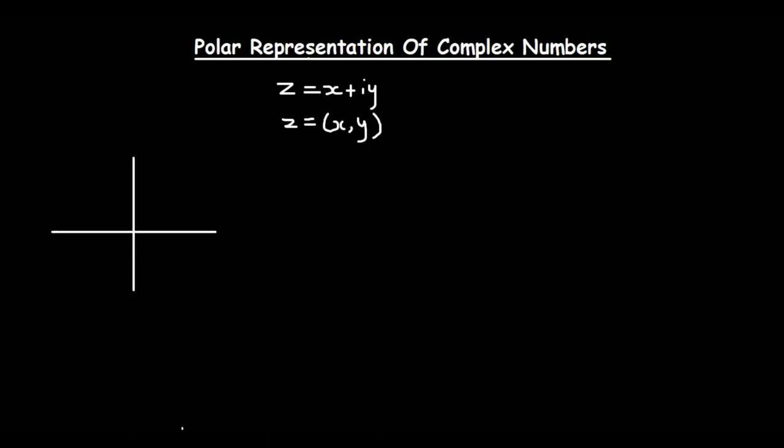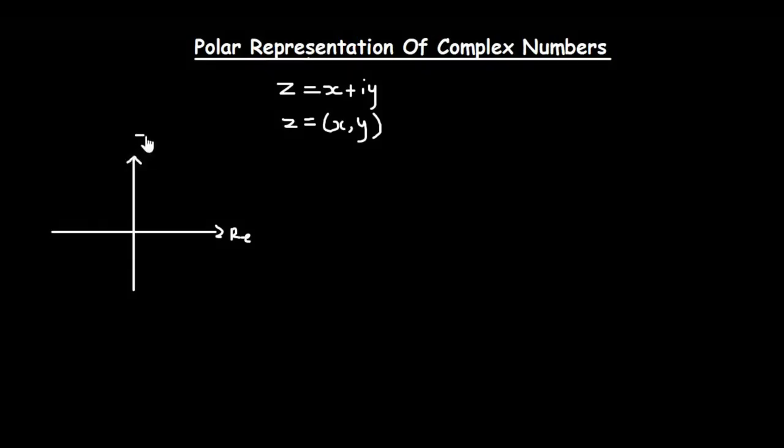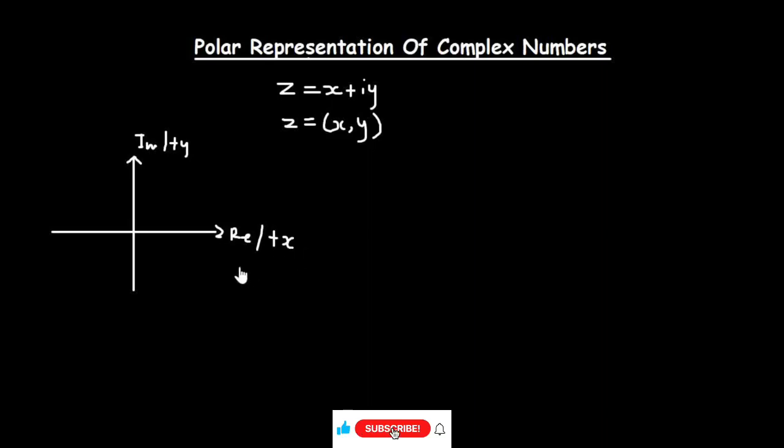So I have this graph here where I named this the real axis, and this is the imaginary axis, or the positive y axis, or this is the positive x axis. So you can plot the complex number z here.